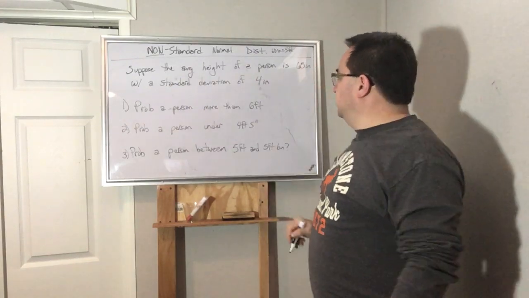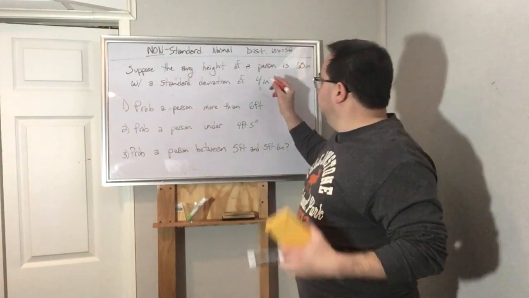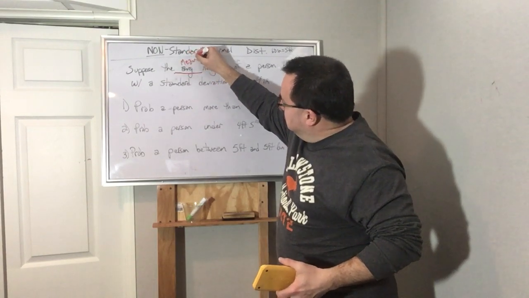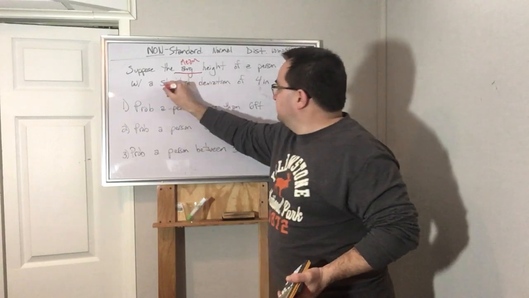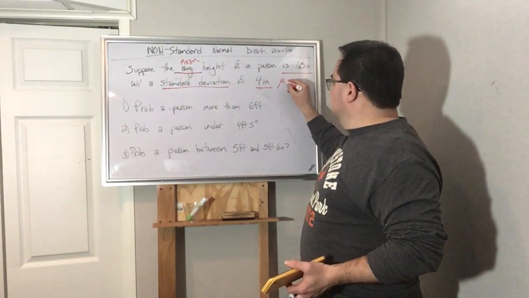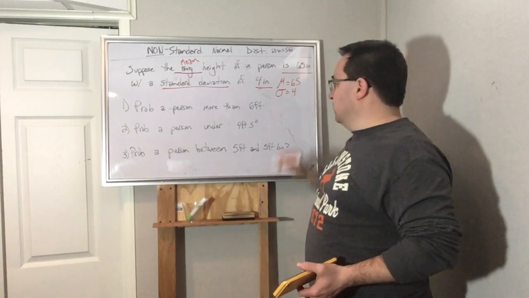And the standard deviation is 4 inches. So the average or mean height of the person is 65 inches, and the standard deviation is 4 inches. So that gives us mu equals 65 and sigma is 4.